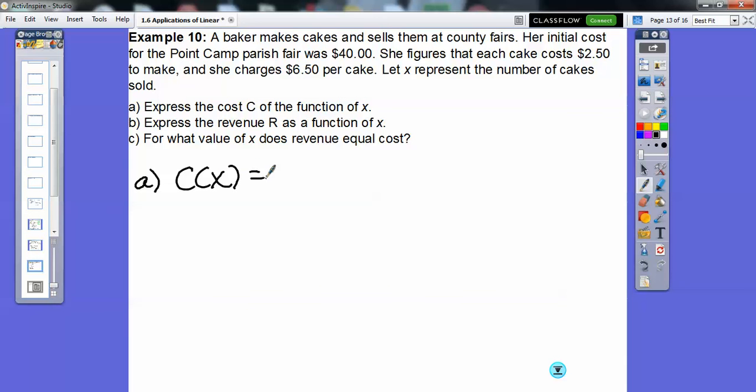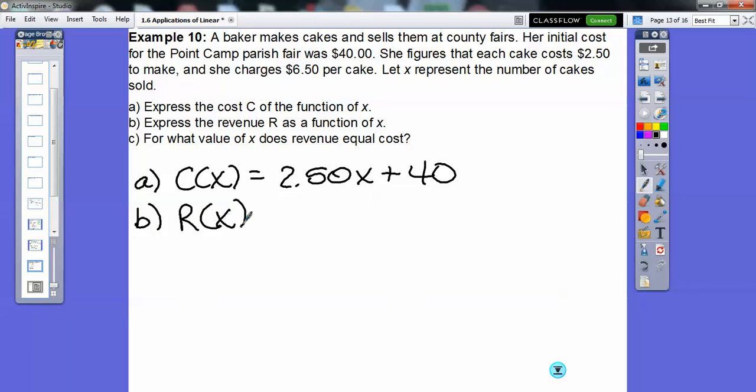What does it cost her to make each cake? And she has to pay how much to get to the fair? Okay. Her revenue, how much does she bring in for each cake? So then your break even, you set those things equal.